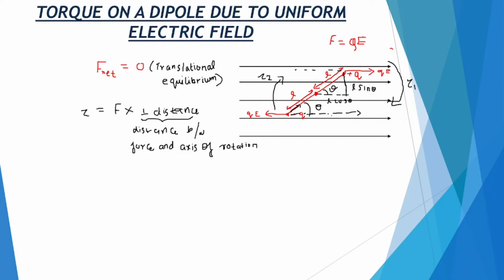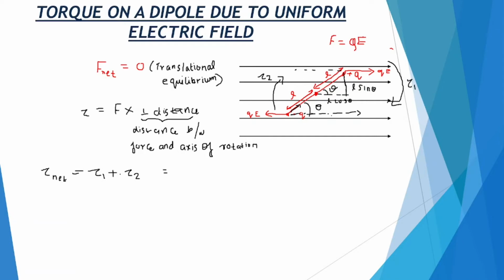To get the net torque, we should add torque 1 and torque 2. Why is addition taking place? Because both torques are in the same direction. So we can write tau net is equal to tau 1, that is torque 1, plus tau 2. And how can we write this?